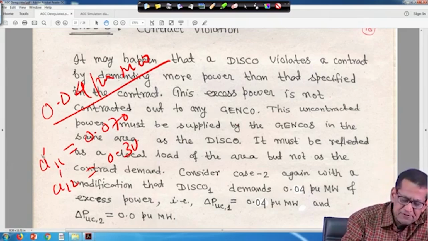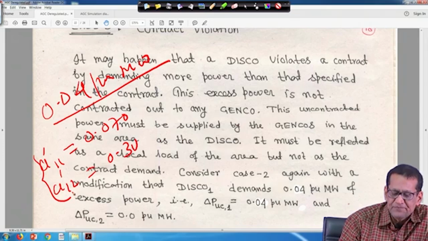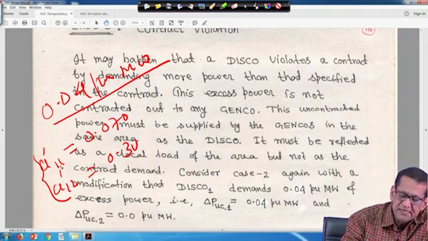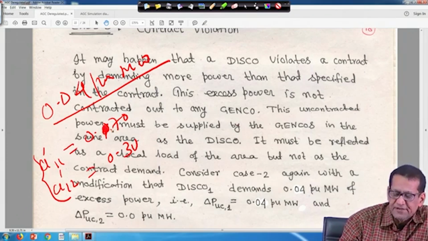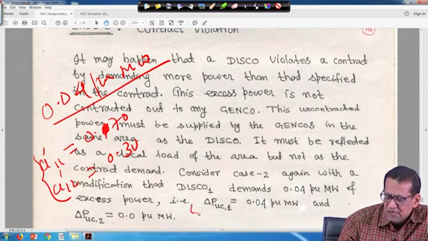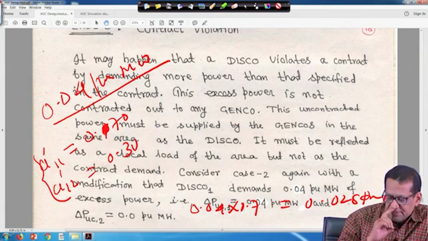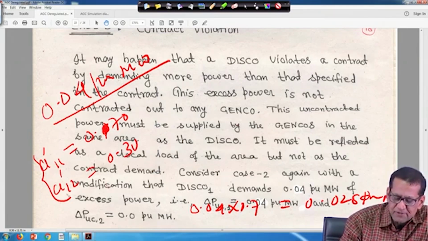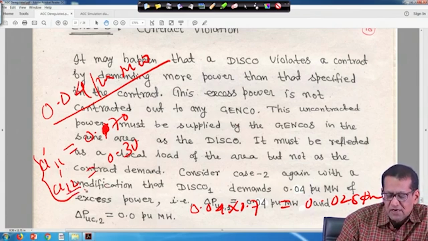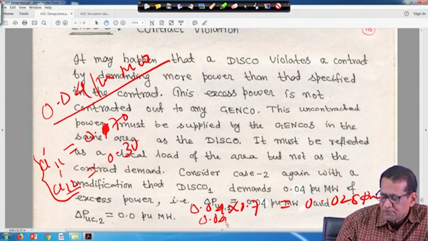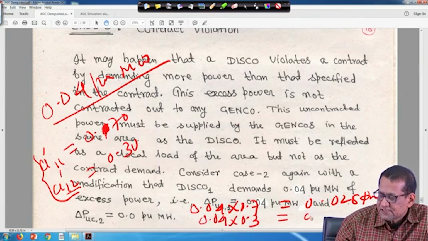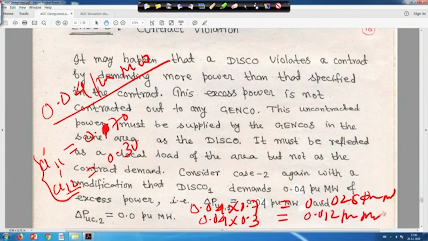So, that means if you set this AC participation factor, then GENCO 1 will generate 0.04 into 0.70, so 0.028 per unit megawatt, right. Similarly, GENCO 2 in area 1, because we have set the participation factor A dash 12 to 0.3, it will be 0.04 into 0.3, so that is 0.012 per unit megawatt, right. So, total is 0.04.